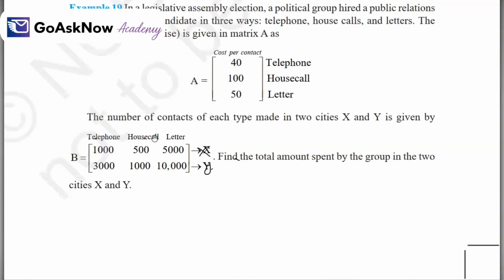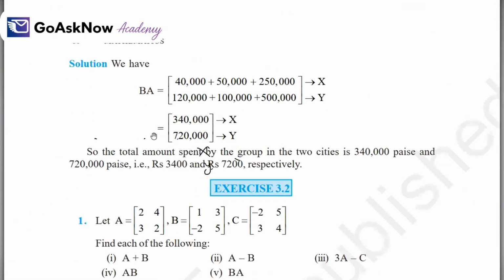So you will get 40,000 plus 50,000 plus 250,000 as X, and 120,000 plus 100,000 plus 500,000 as Y. So the values are coming out to be equal to 340,000 and 720,000. So the total amount spent by that group in the two cities is 340,000 paise and 720,000 paise. That is rupees 3,400 and rupees 7,200 respectively. Okay, because you are getting it in paise only, so in rupees these are the values.